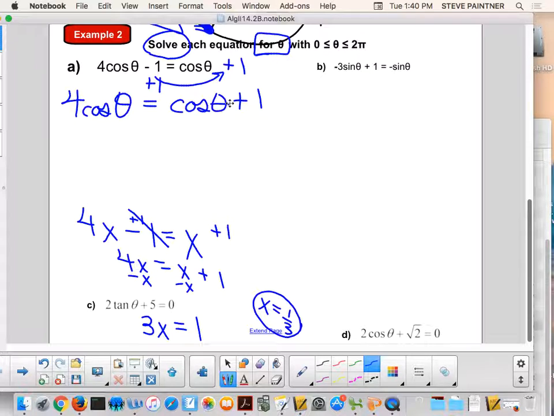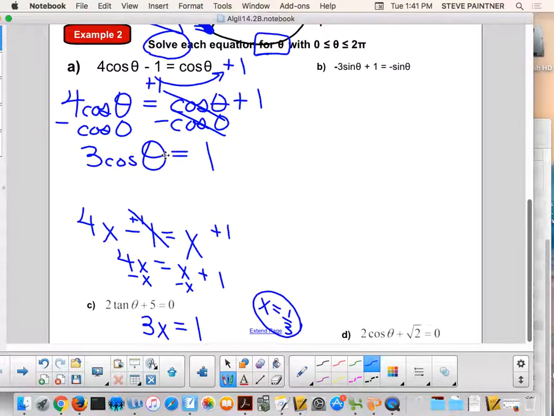Now what? Subtract cosine theta. Louder, Gavin. Subtract cosine of theta. Get the cosines together. Yeah, why not? Cosines get together. I get 1 equals, what's 4 cosine of theta minus 1 cosine of theta? 3 cosine of theta, right?